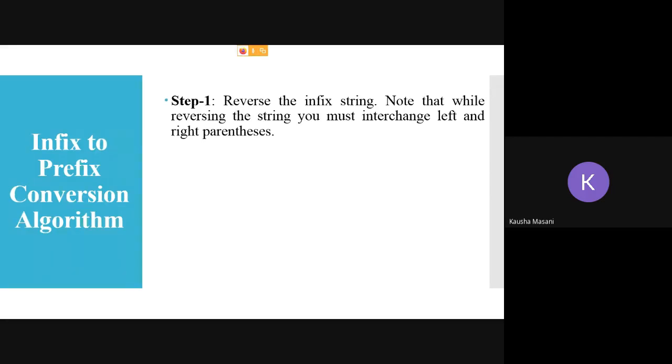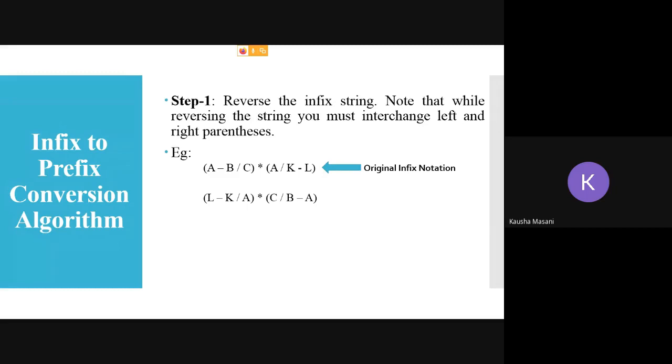Reversing means, for example, if this is your given infix string, the original infix notation, then when you go for the infix to prefix conversion algorithm, you have to first reverse it.